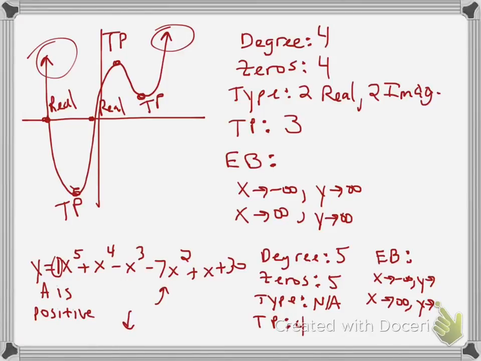So on my negative infinity side, I'm going to negative infinity, and on my positive infinity side, I'm going to positive infinity. So that's what my end behavior would look like. All right, so that's just based off of your equation, just by looking at it, not even trying to solve it. The only thing that we couldn't get was our types. Once again, pause if you need to.